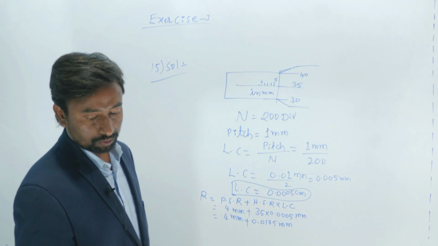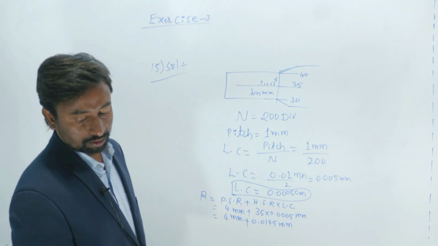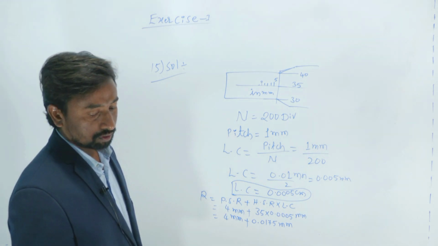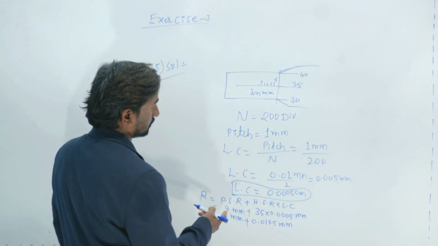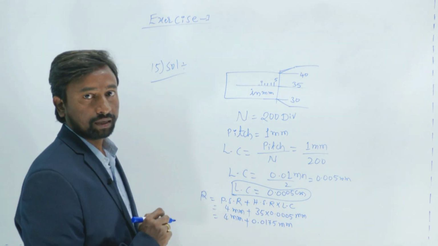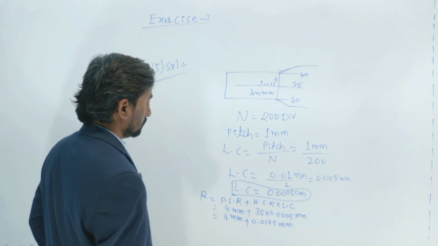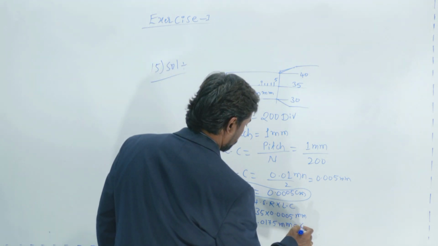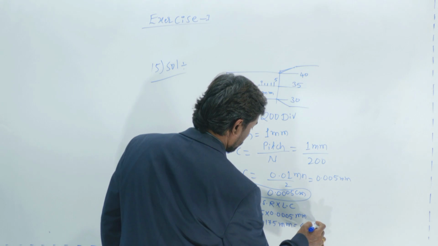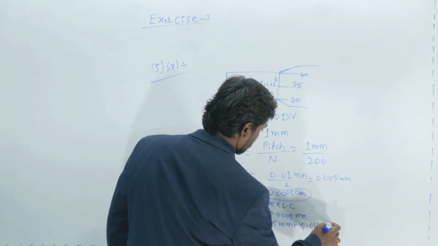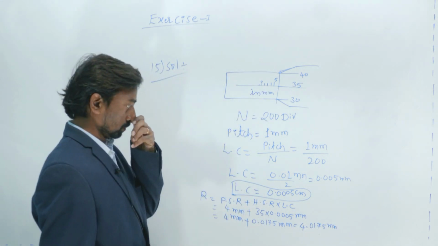Okay. So now the answer is, they're asking the radius. We should find out the radius. We'll get the diameter value here, which is 4.0175 mm. Okay.